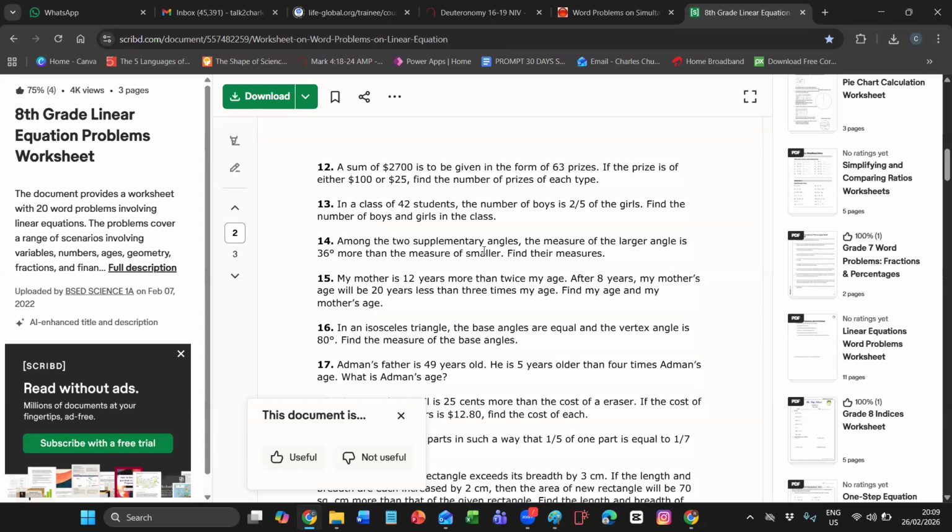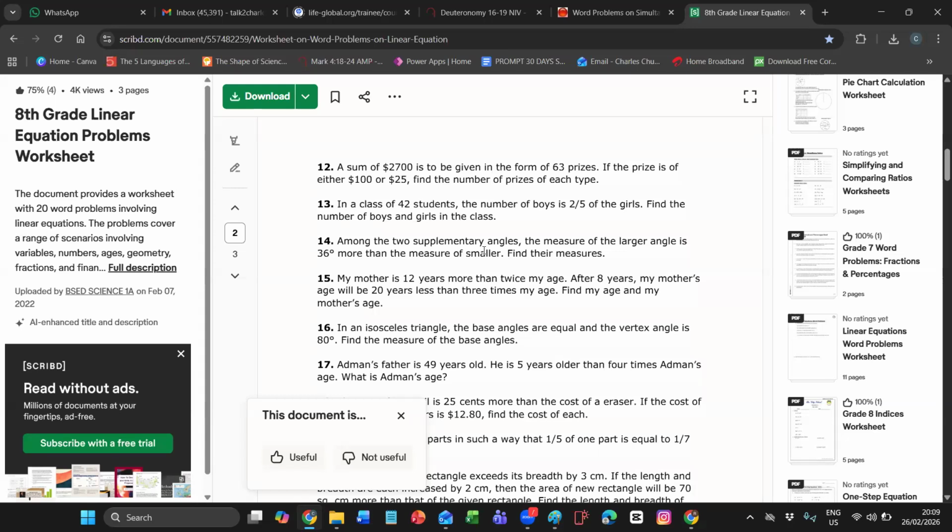So that means they're going to have a number of notes of $100 and a number of notes of $25. The question now is to find the number of prizes of each type. I think this question might give us something like a simultaneous equation. What do you think?